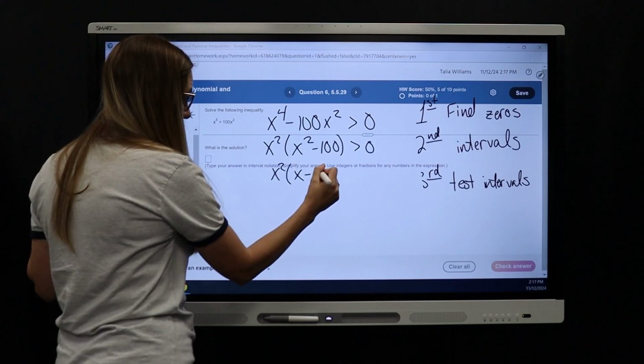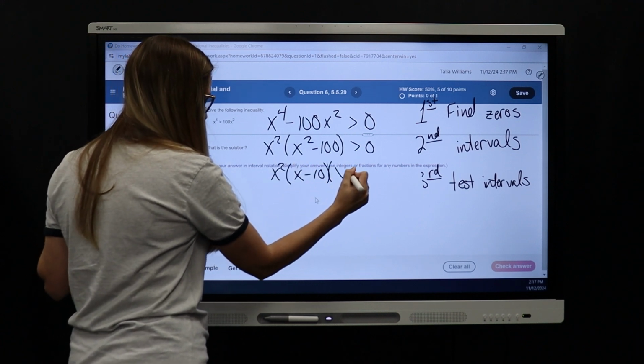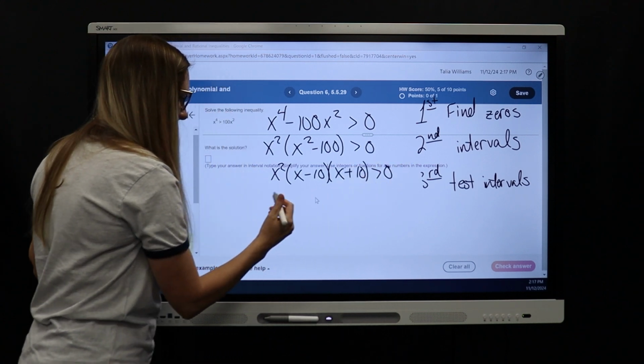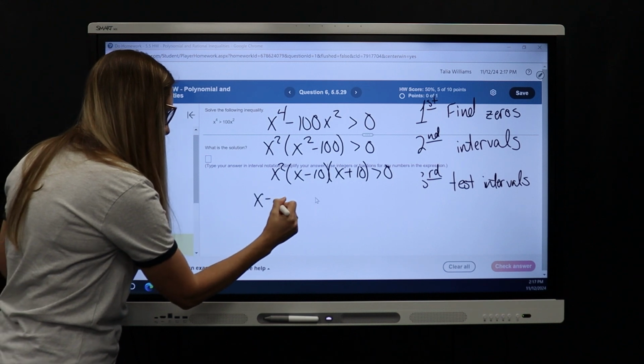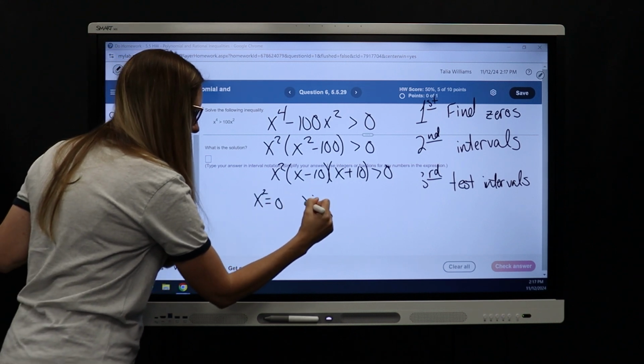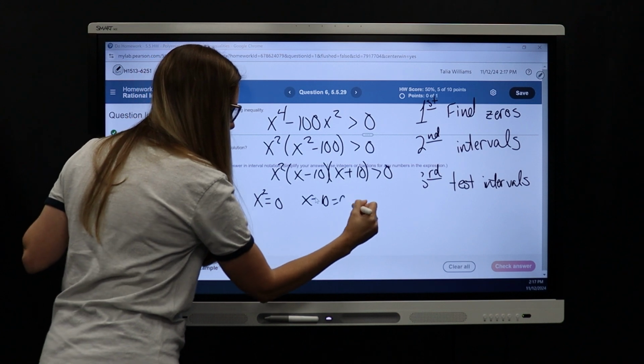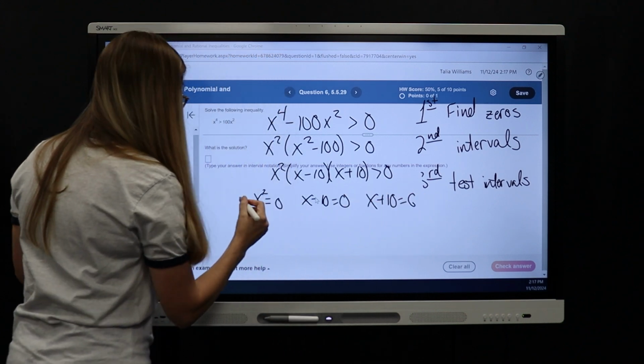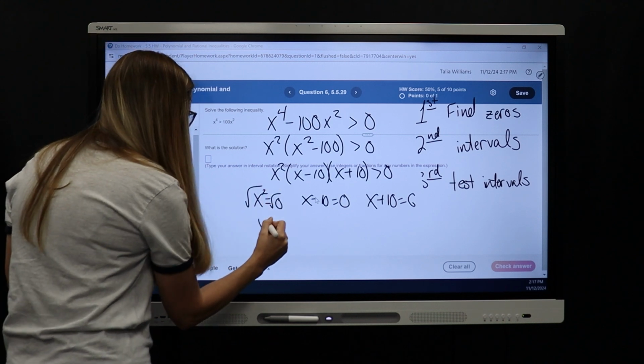10 times 10 equals 100. 10 subtract 10 is 0. They have different signs. Set your factors equal to 0. Solve each of them.